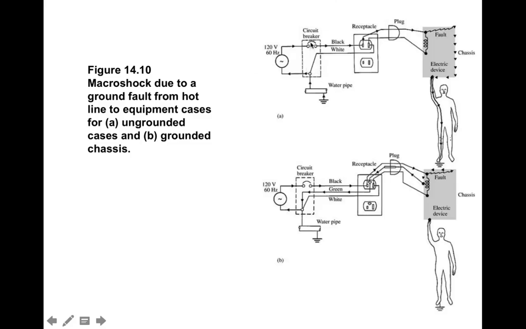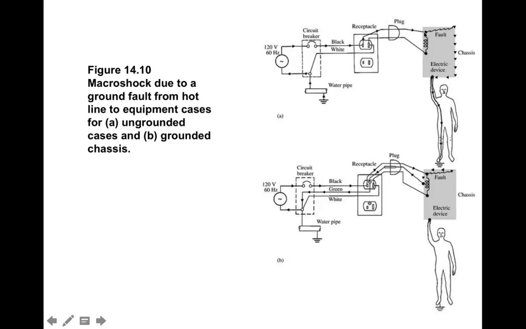So here's a typical electric circuit. You've got a circuit breaker, and if high current does flow, the circuit breaker is going to open, but there is a certain time associated with that. In this case, you can see that you have a piece of electrical equipment. It's connected to the patient.